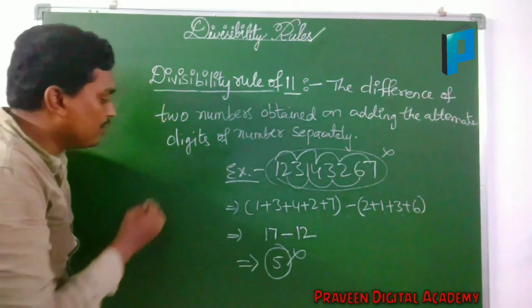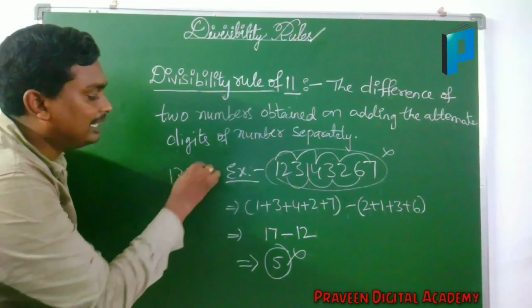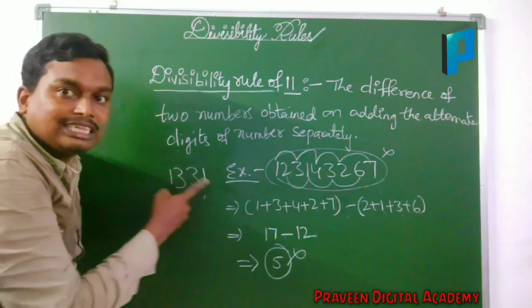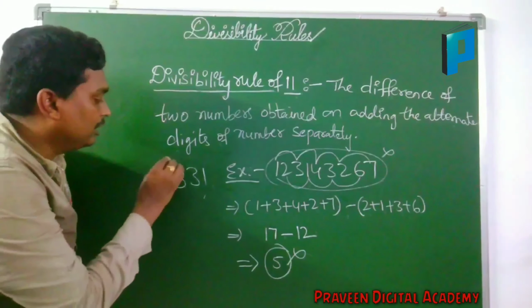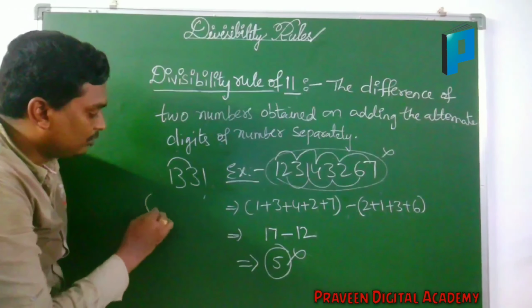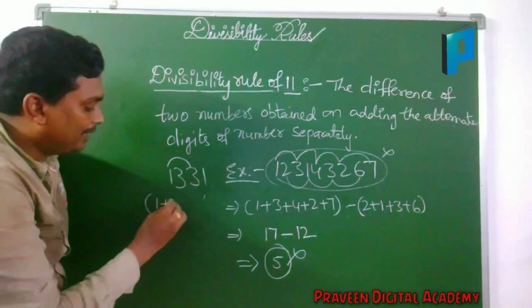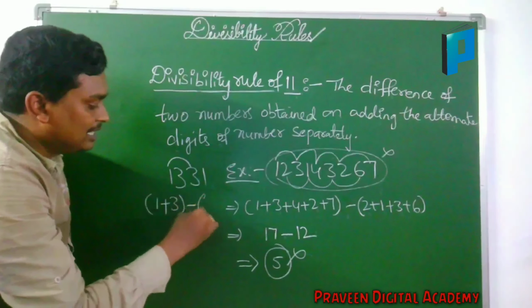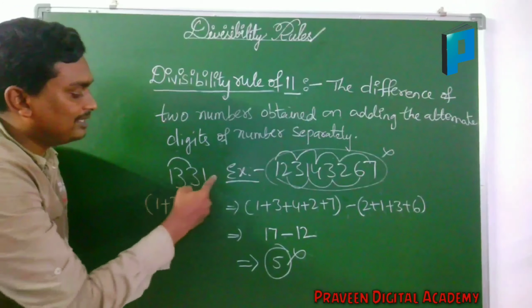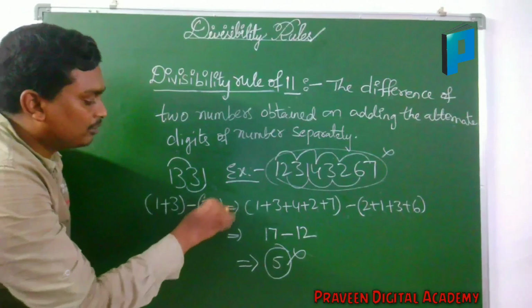If you are having a number like 1331, you should check whether this number is divisible by 11 or not. How to check it? You add the odd places. What are the odd places here? 1 plus 3. Minus, difference means minus, the even places. What are the even places here? 3 plus 1.